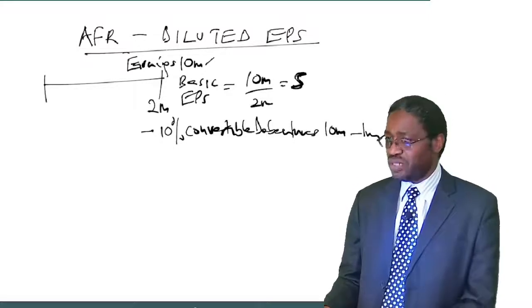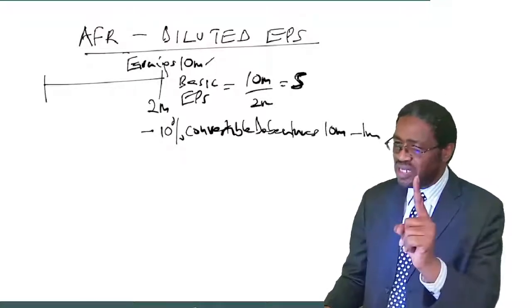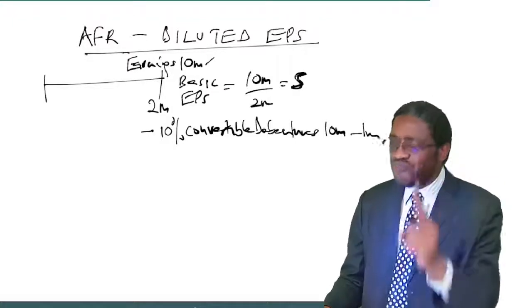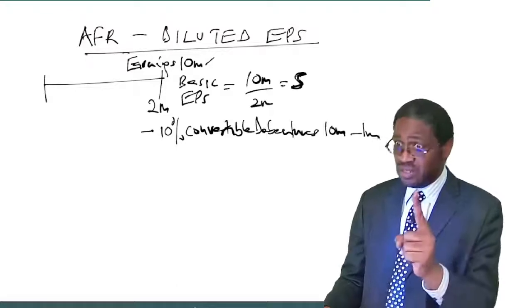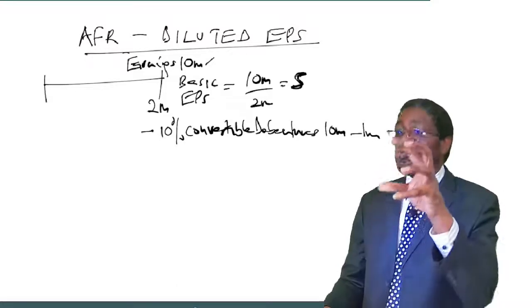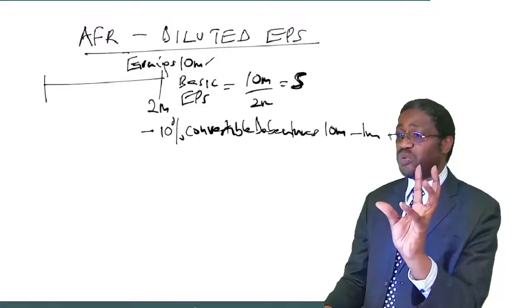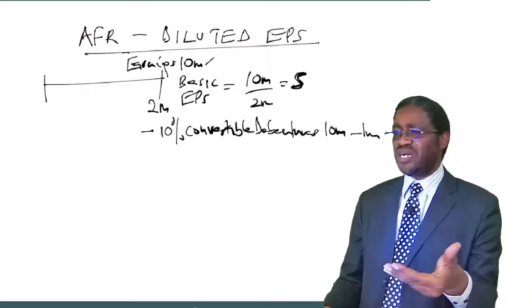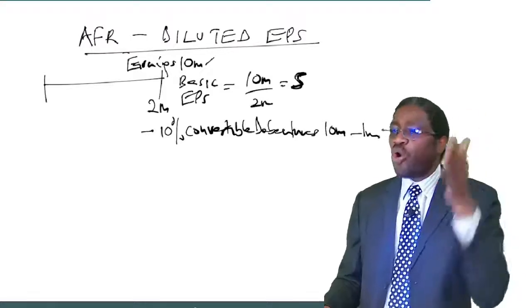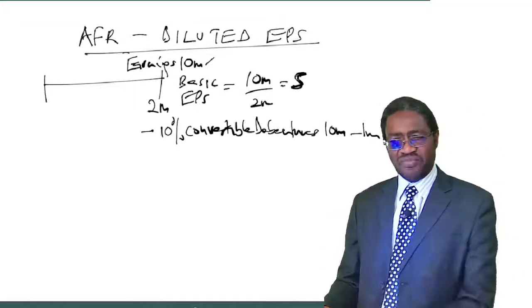And therefore, listen, IAS 33 requires that if your company has such instruments, then by end of the year, you compute your actual earnings per share, which we are calling the basic. You also compute another earnings per share, which we call the diluted earnings per share.